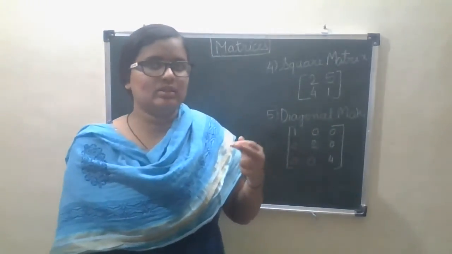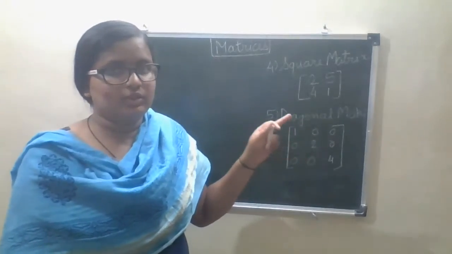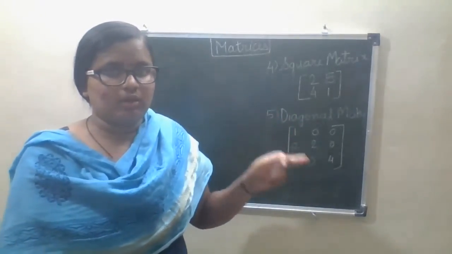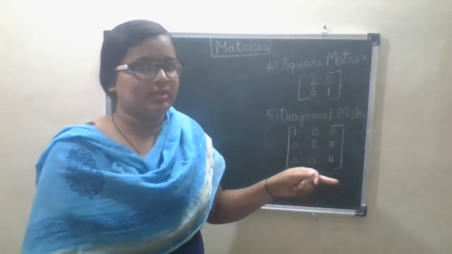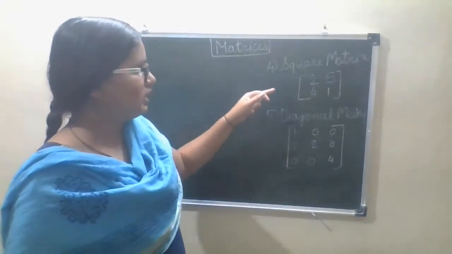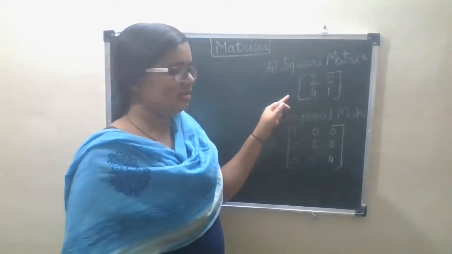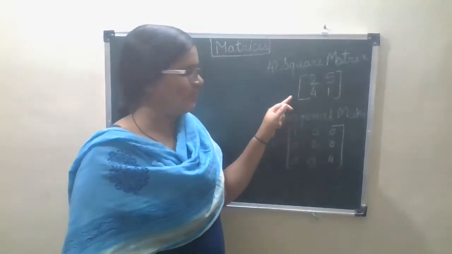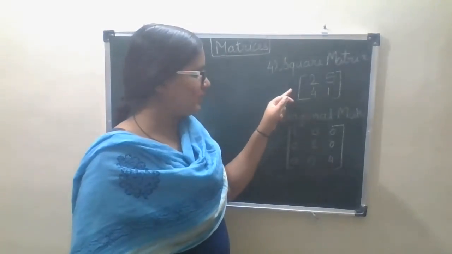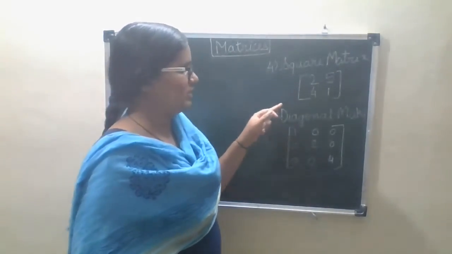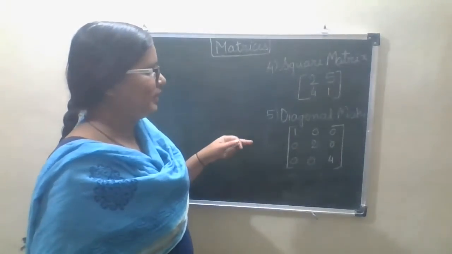When the numbers of rows and columns are the same, it is called a square matrix.